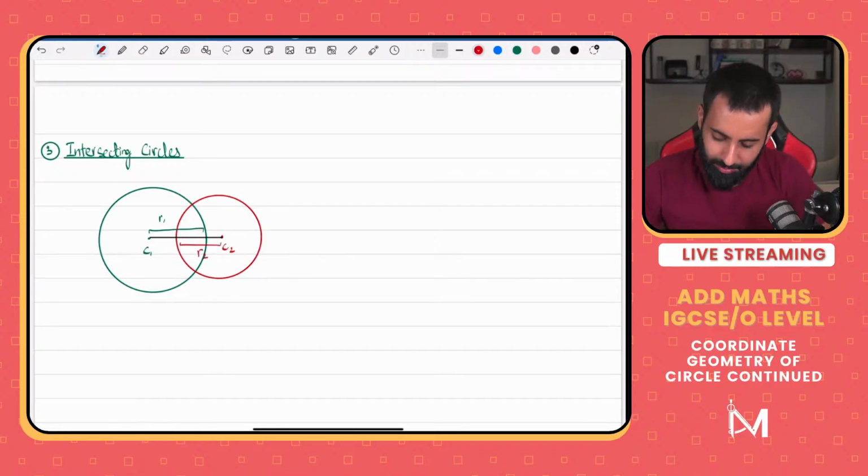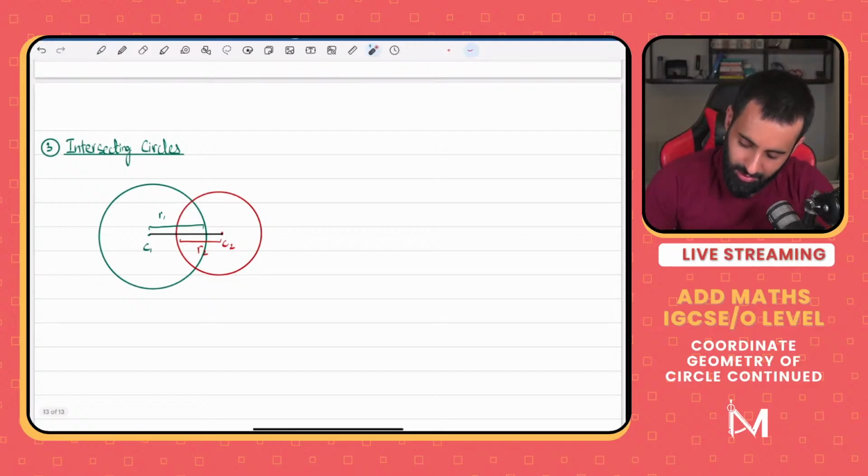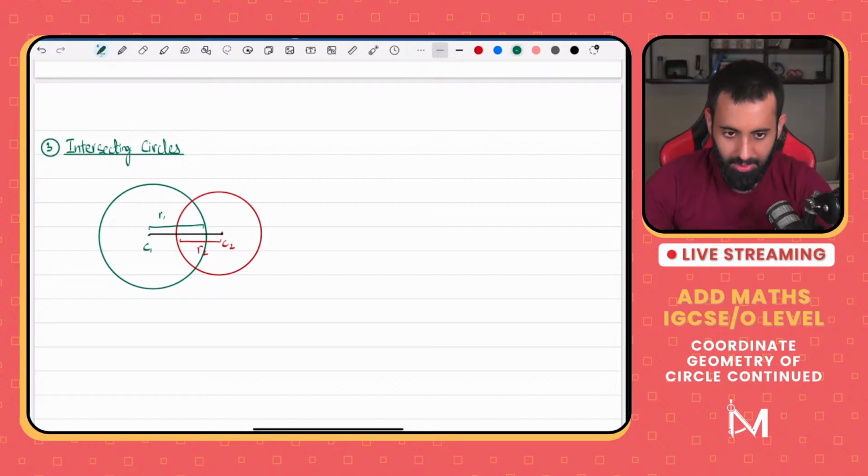As you can see, the distance between the two centers is clearly less than the sum. If I add the two radii, this will be greater than the distance between the two centers. That's how you tell whether the two circles are intersecting or not.